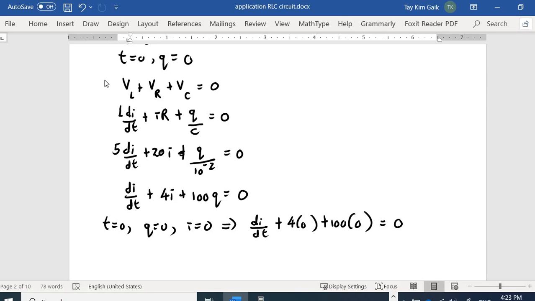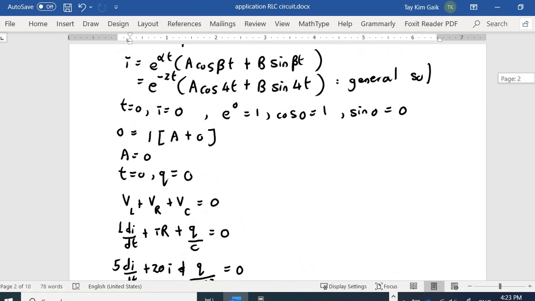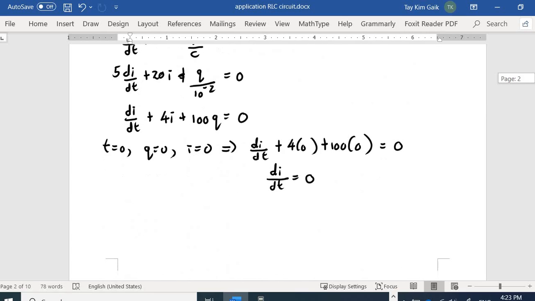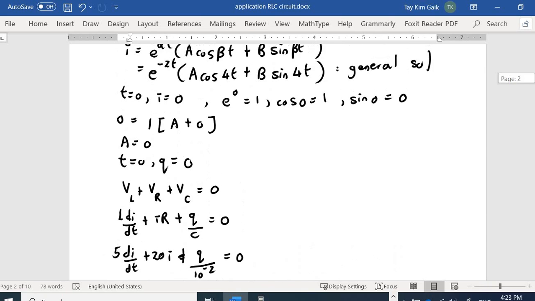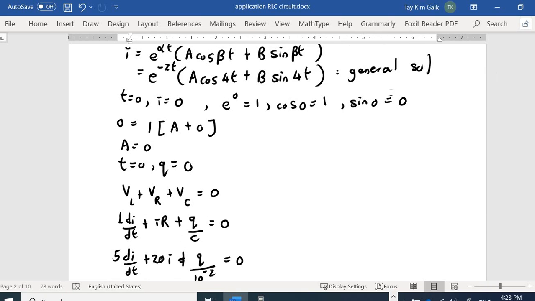So when t is 0, your dI/dt equals 0. After we plug in Q equal to 0, from here you already know A is 0.